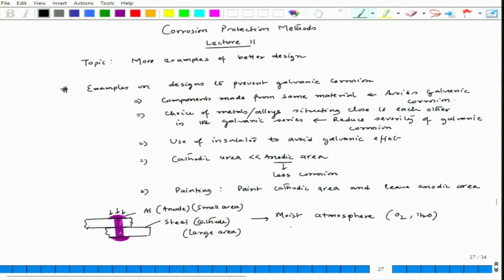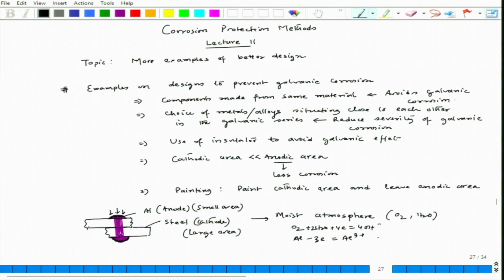The cathodic reaction would happen on the cathode, and the anodic reaction is Al minus 3 electrons equals Al3+. So the aluminum will dissolve, and you will see dissolution in the aluminum rivet heads, because those are the exposed area.